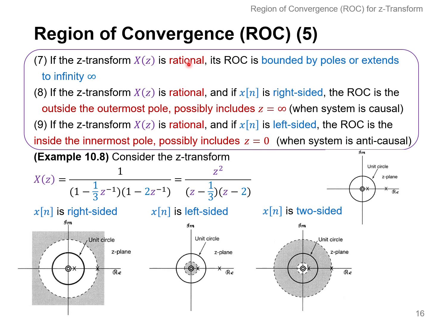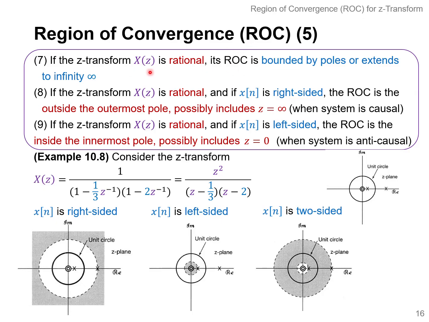Next, we talk about how the ROC for the Z transform changes based on the type of signals and the poles in the Z-plane. Property 7.